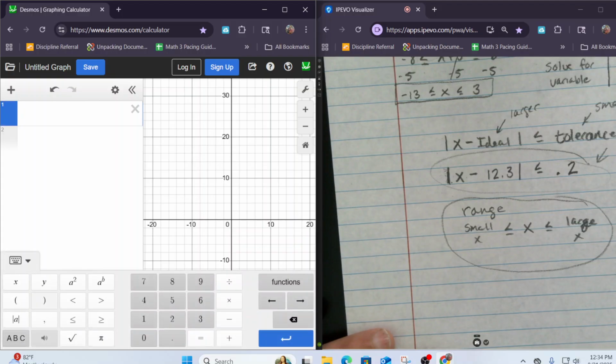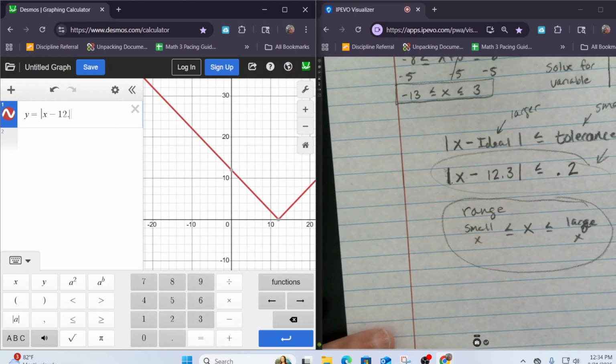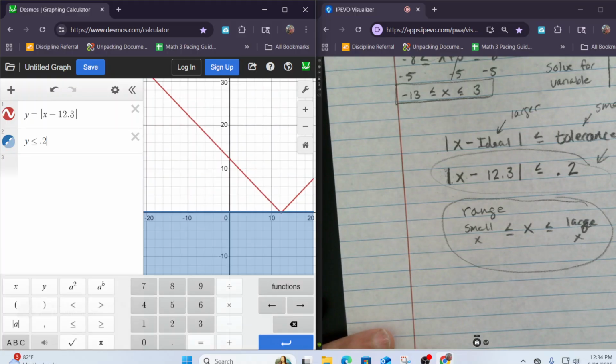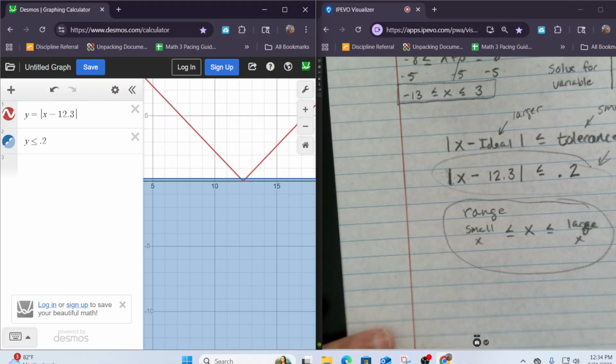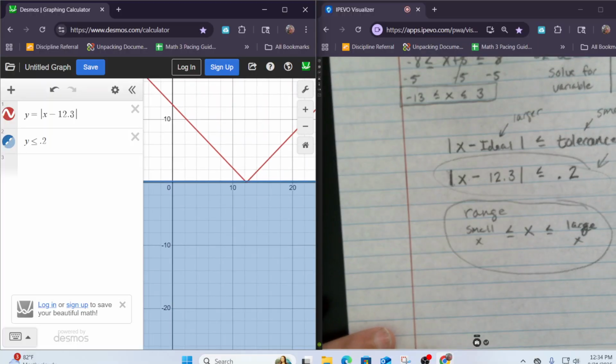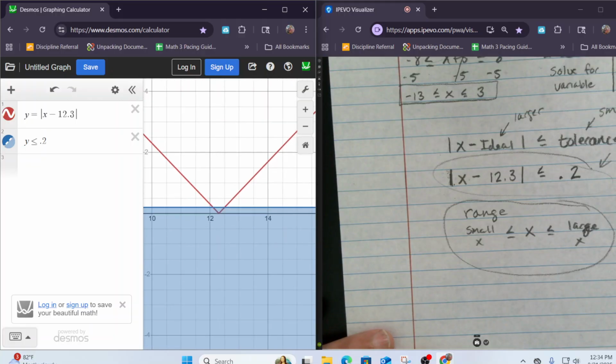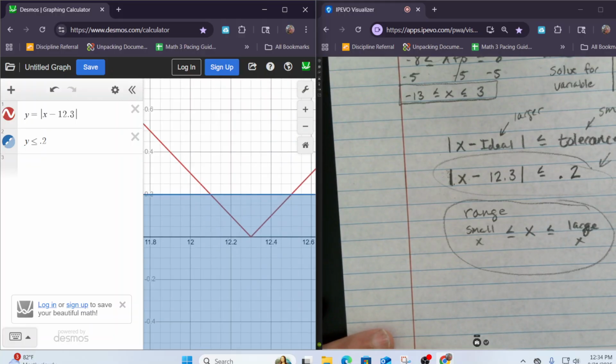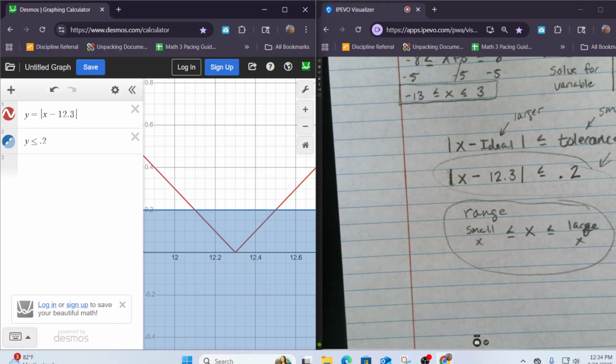I do this in Desmos too. Okay. Guys, you probably already know this by now, but if it looks like it doesn't have a V, just go ahead and zoom in, because the tolerance is so small that the range is not very big.